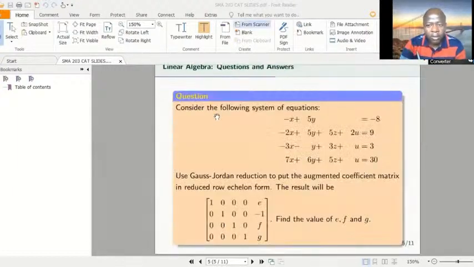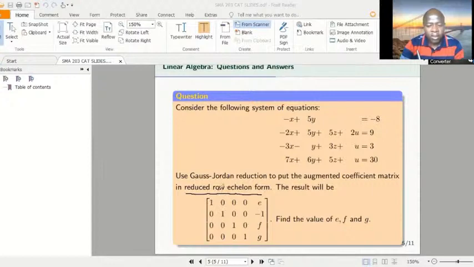Now, this question, we are doing it almost the same way we did the first question, the same reasoning, and we are given the system of linear equations here. We are told to use Gauss-Jordan reduction to put the augmented coefficient matrix in reduced row echelon form.